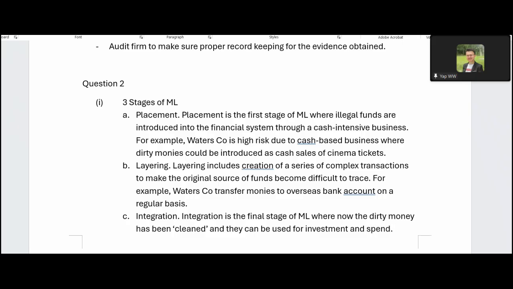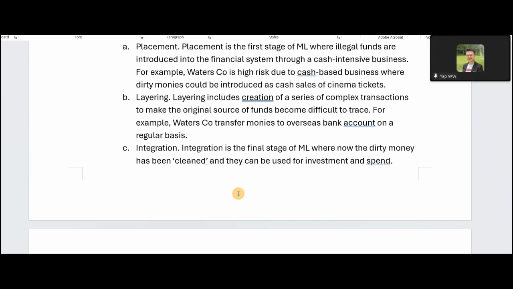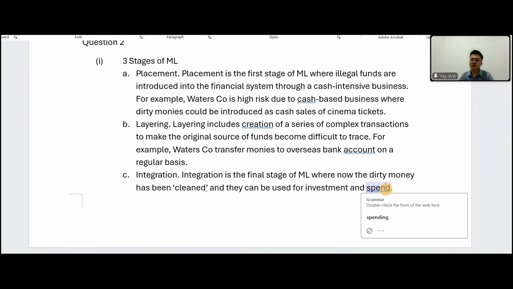I don't give any example, that is fine because the questions only ask 5 marks requirements. So you don't have to tell any examples because the case also didn't offer you any examples to write for this part. But for the discussion, for this integration, you can say that they use the funds to invest in more advanced tools for the cinema use or invest in land and building or any other kind of properties as well.